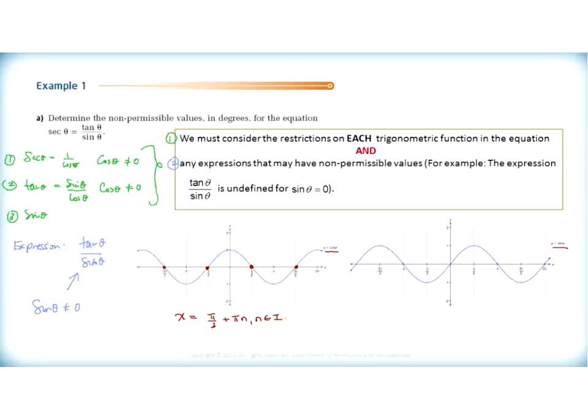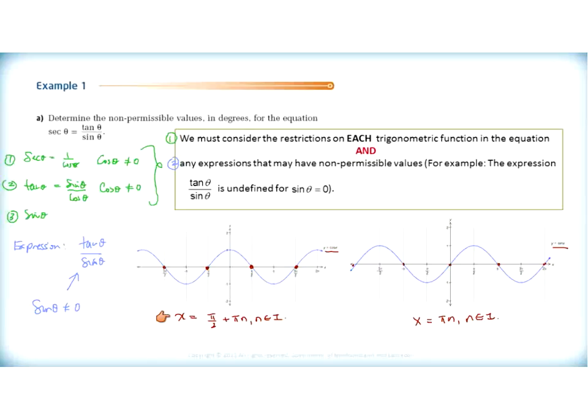Now I've also graphed y equals sine x for you. Where is sine x equal to 0? Sine x is equal to 0 at 0, at pi, at 2 pi, at negative pi, and negative 2 pi. So at 0 plus pi n, where n is an integer. If we keep adding pi or subtracting pi from 0, we will get values of x where sine x is equal to 0.